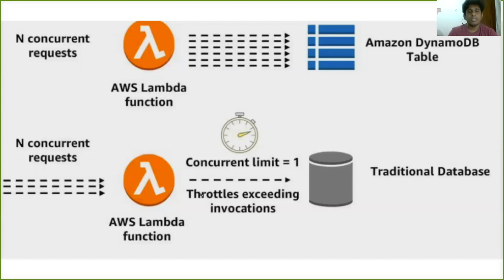So this is what I mentioned on Lambda. Whenever you have a Lambda function, you can decide how many concurrent function invocations you will allow. Imagine you have a Lambda function which connects to a MySQL database.